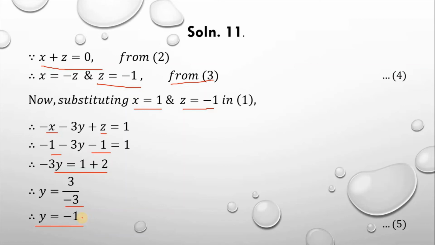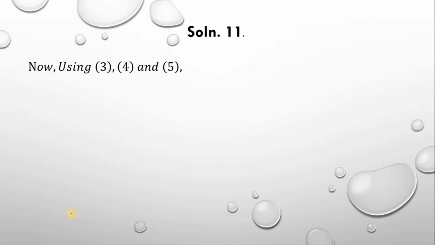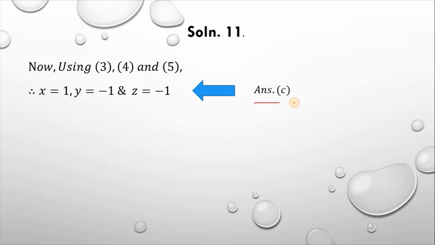So we have got the value of x, value of y, and value of z. The values of x, y, and z can be written from equations 3, 4, and 5. So the value of x is 1, the value of y is minus 1, and the value of z is minus 1, which says that option C is the right option.